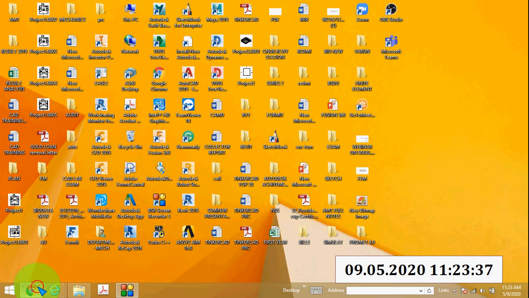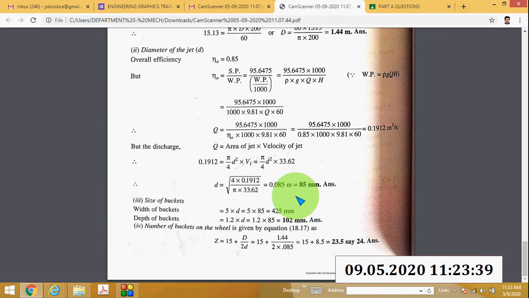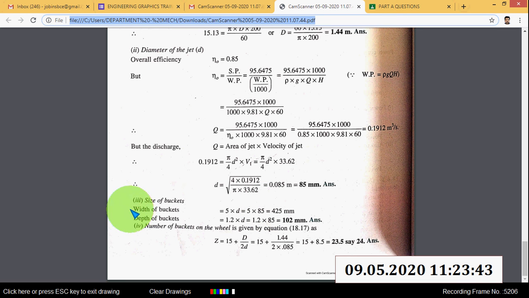With this you can find the size of the bucket, which means the width of the bucket and the depth of the bucket. The width of the bucket is 5 into d, so that is 425, and the depth of the bucket is 1.2 into d, so you will get 102.